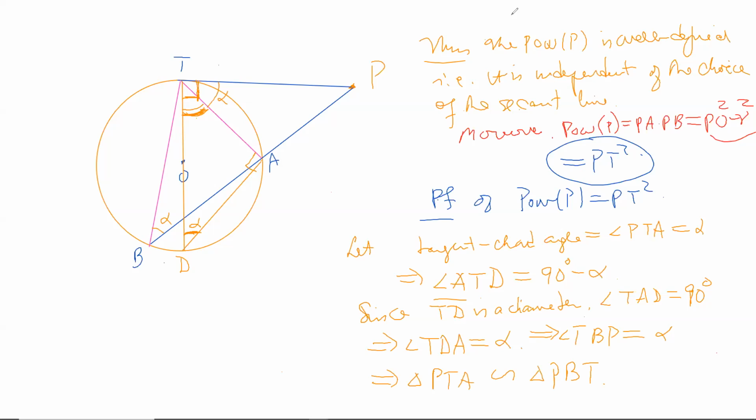Because the alpha angles must be matched. So PT over PB equals PA over PT. That implies that PA times PB equals PT squared, which is equal to the power of this point. Okay?